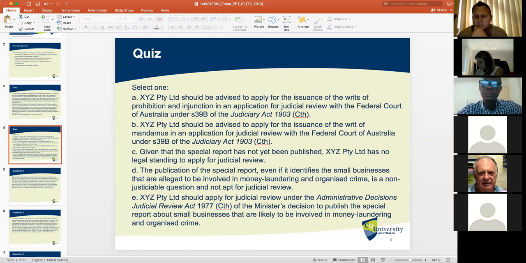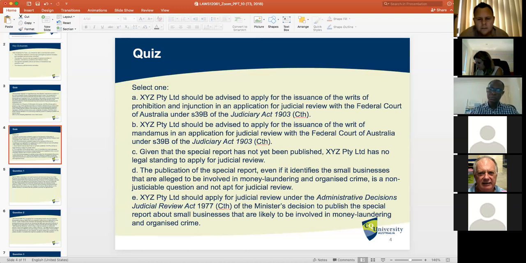In this case, there's clearly unlawful action on the part of the Minister for Small Business in attempting to publish the report, because it would damage the reputation of the company, which we know is a protected right, as recognized by the High Court in Ainsworth versus Criminal Justice Commission.